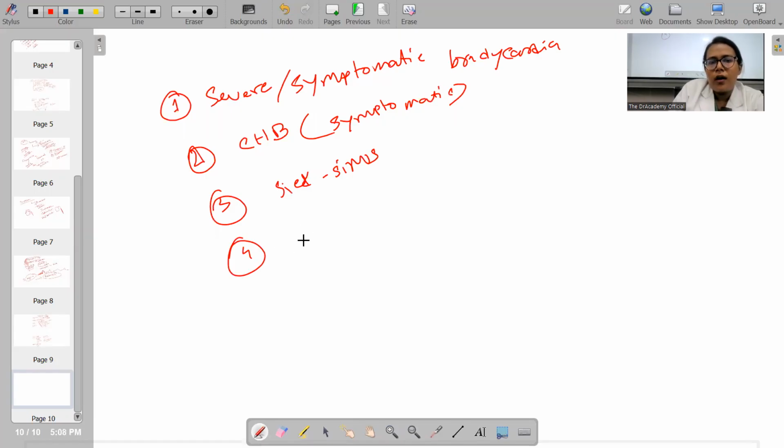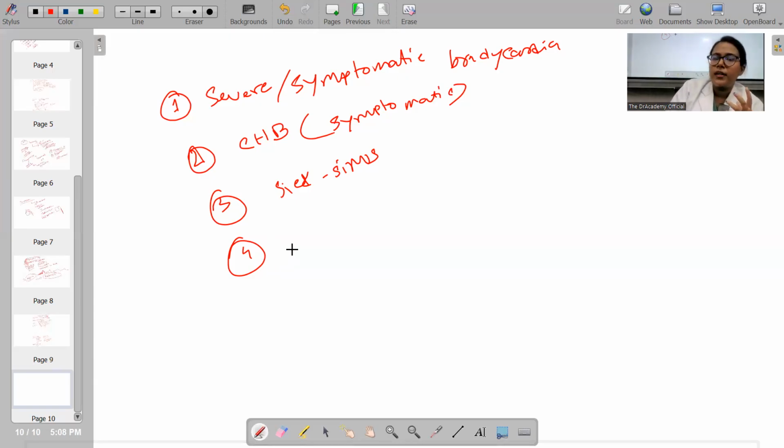Number four, you'll see, because of parasympathetic overdrive, which occurs in case of inferior MI. In inferior MI, this is in close proximity to the vagal nerve, and because of the inferior myocardial infarction there is a possibility of vagal stimulation. So that's why bradycardia is more common in inferior MI. We know that, right? But bradycardia in inferior MI is actually reversible. If you treat the MI and there is reestablishment of the vascularization, the bradycardia will go back to normal.